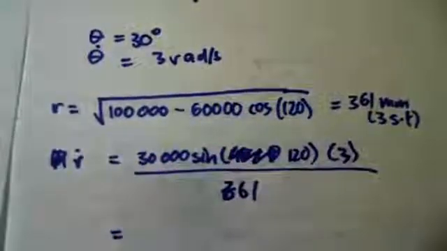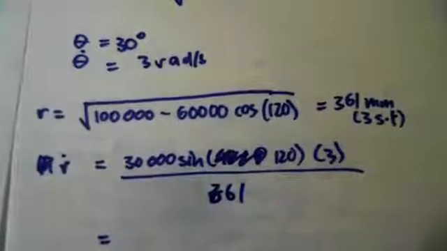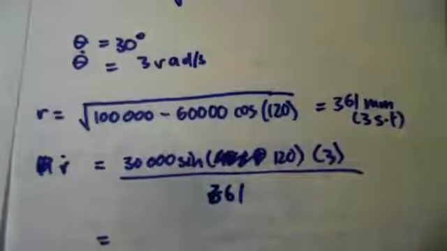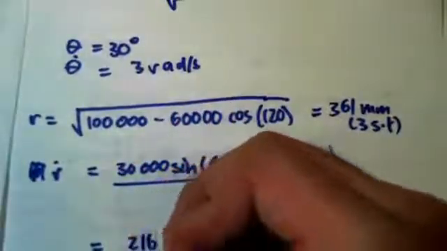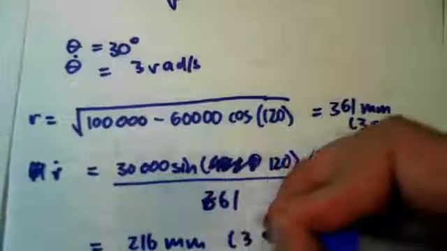Plugging that in the calculator again, we get 216.173, which we'll just say is 216 millimeters, to 3 significant figures.